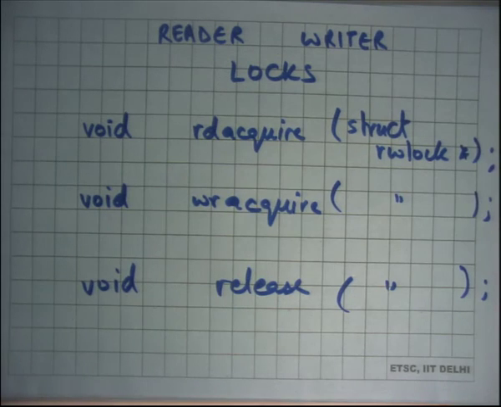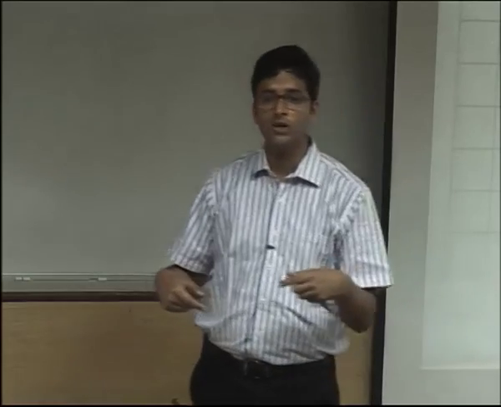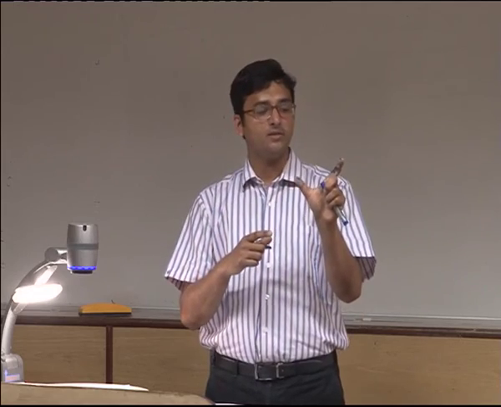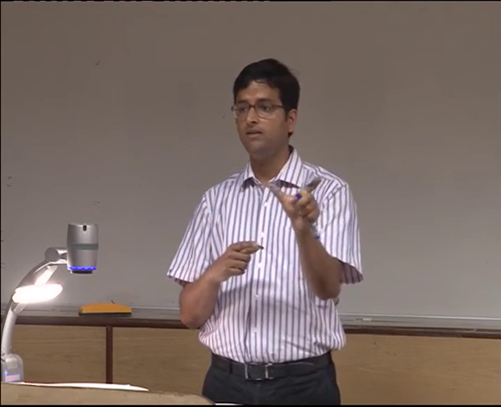So the idea is that the abstraction now says that multiple threads can hold the lock in read mode simultaneously. But a lock can only be held once in write mode.